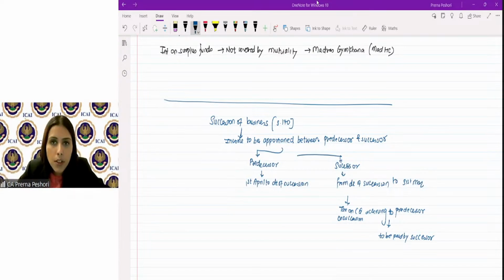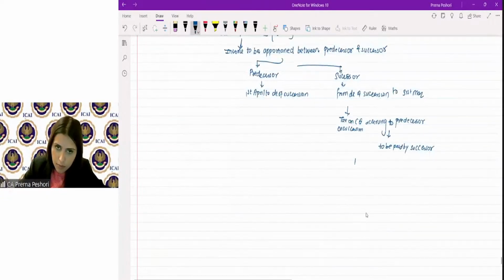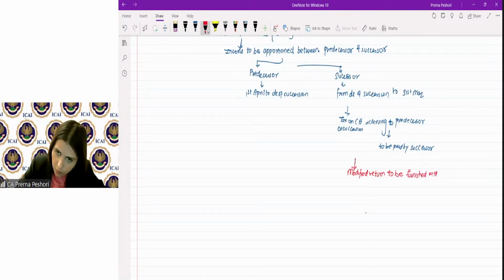So just write down over here. Modified return to be furnished within 6 months from date of issue of order.